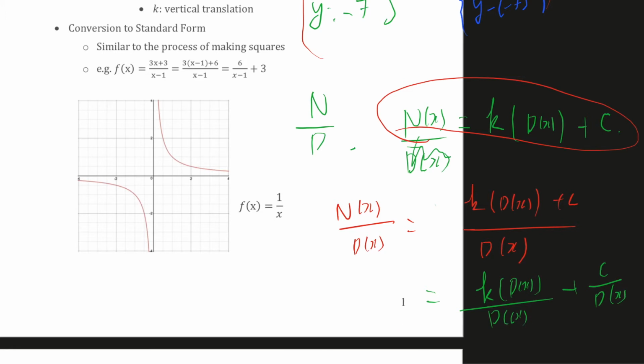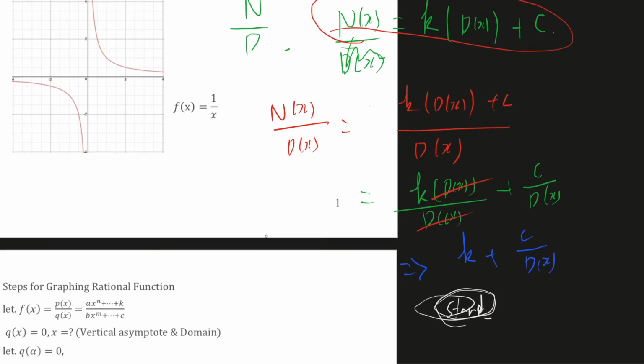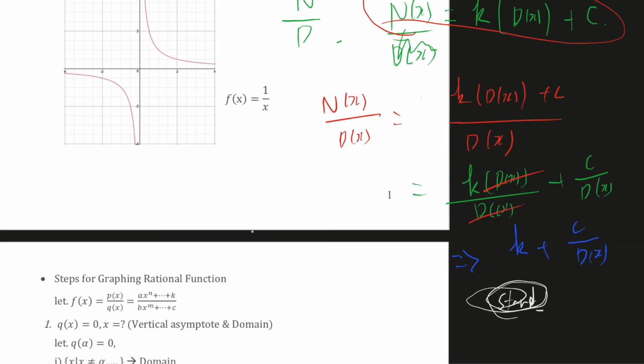You can cancel it out. Not surprising, I guess. You cancel out d of x, and you keep the latter part. So it's going to result in k plus c over d of x. And if you manipulate it a little, it's going to eventually be the standard form you are familiar with. That's it. You just have to divide the numerator by denominator, and you're going to get the standard form.